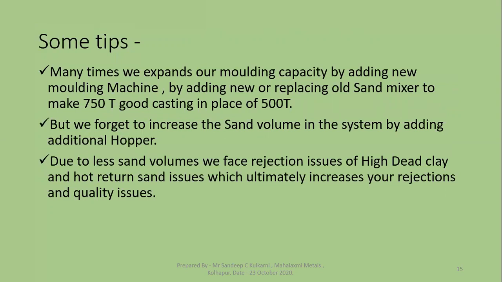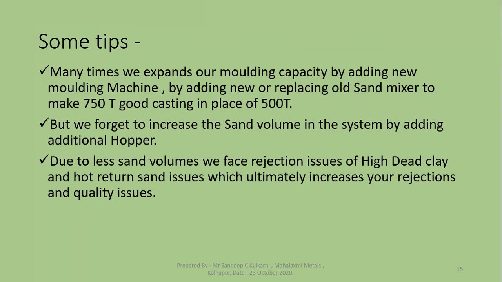Many times we expand our molding capacity by adding a new molding machine or molding line, or by adding a new or replacing an old sand mixer, say from a 500-ton foundry to a 750-ton foundry. So we expand the foundry, and then we make an additional line.